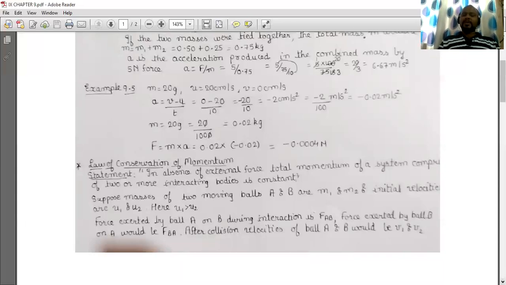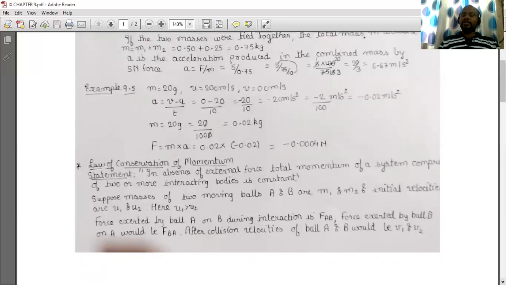Suppose the masses of two moving balls, A and B, are m1 and m2, and their initial velocities are u1 and u2. Here, u1 is greater than u2. Force exerted by ball A on B during interaction is FAB, whereas force exerted by ball B on A would be FBA.